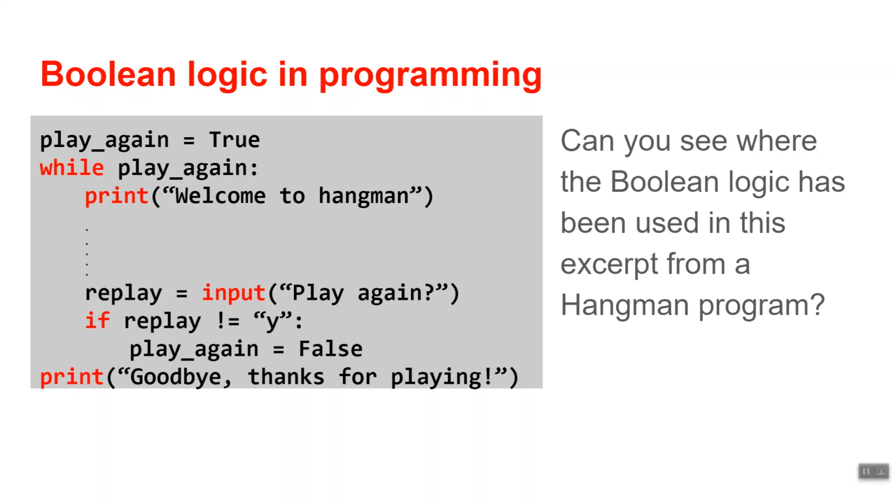It's here: we've got a true value, and our while loop is controlled by a true value. So play again is a Boolean variable, and then we've got an if statement: if replace not equal to y, then play again equals false, so another use of a Boolean variable there. So that's really quite common usage.